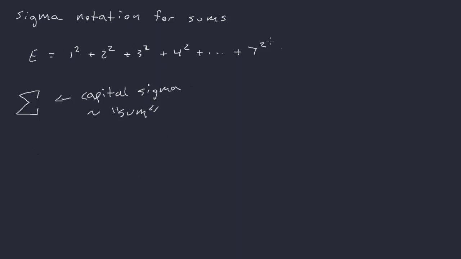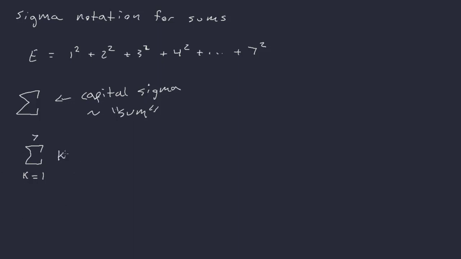And so here's how the notation would work. Let's say I wanted to write this particular thing here in sigma notation. I'd write my sigma, and I would use some sort of iterative letter. You could use K, you could use N, you could use W, it doesn't really matter. But I'm going to have K starting at 1 and going to 7.